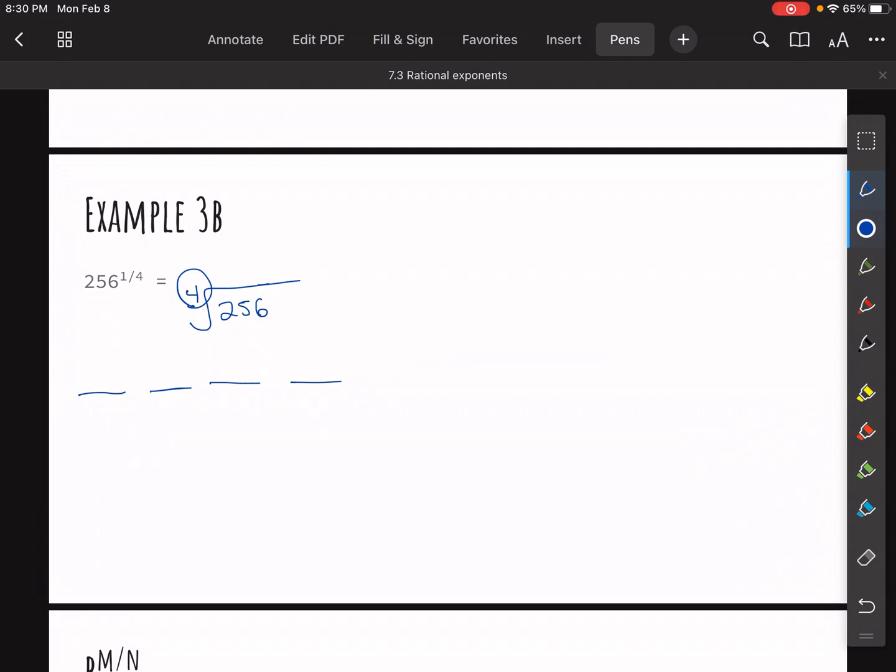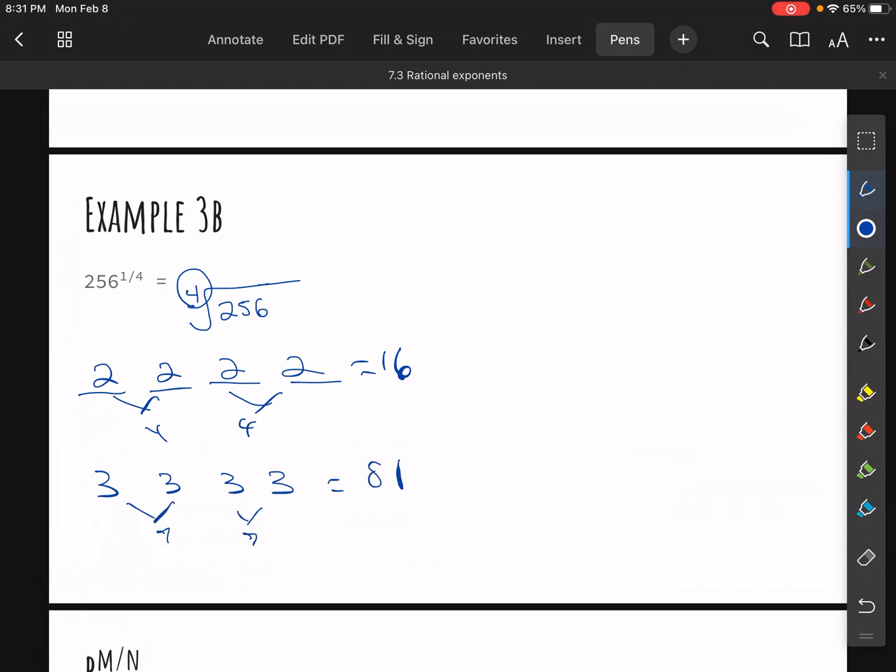So 2 times 2 times 2 times 2 gives me 4 and 4, so that would give me 16. Okay, so that's nowhere near what I need. If I did 3 times 3 times 3 times 3, this is 9. 9 times 9, that's 81. So that's not there.